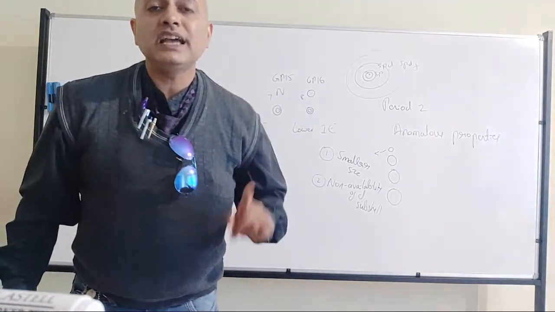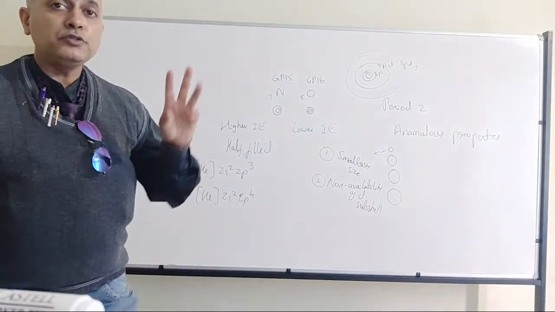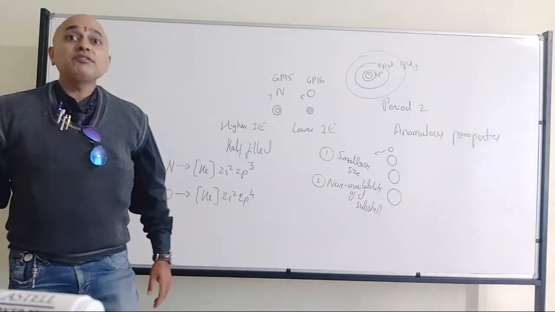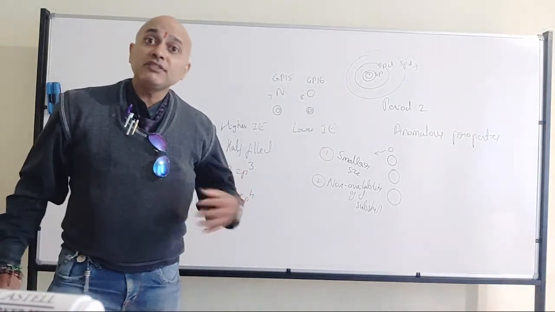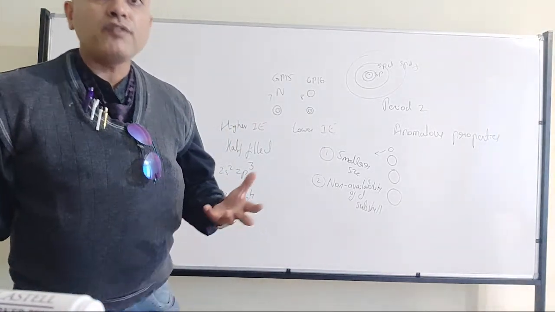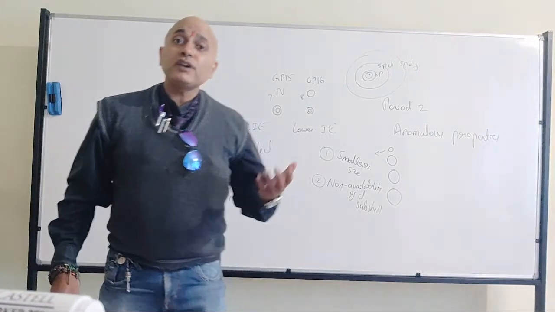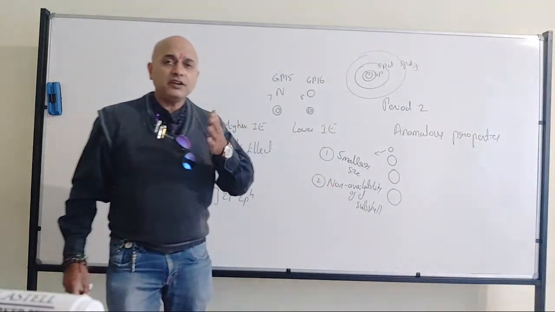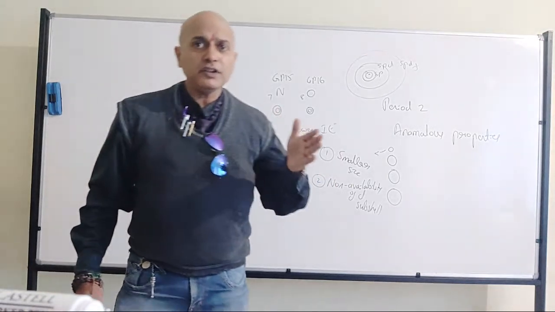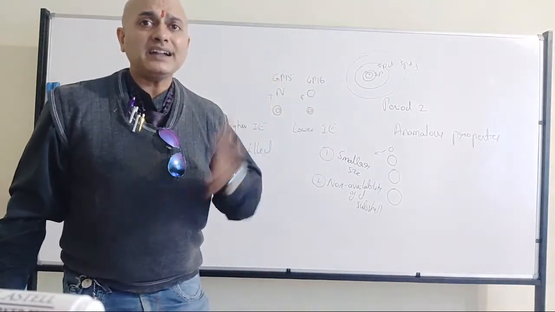Therefore, many times they have asked in your board exam, 2 to 3 marks questions: Give reasons for the anomalous properties of lithium. Give reasons for the anomalous property of oxygen. When it comes to P block, you have only boron and carbon.